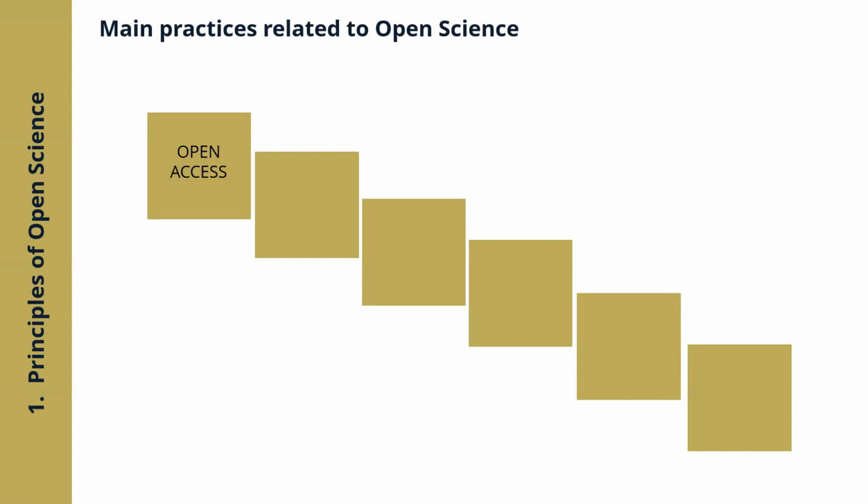And the gold route, which refers to publishing the work on an open access journal where the author pays a fee for making this publication open access. The fee that the author pays is called APCs, article processing charges.